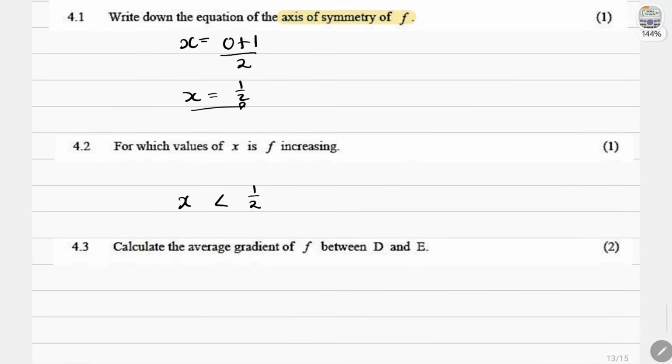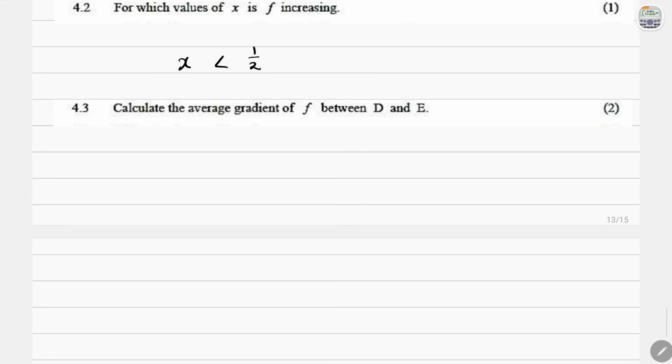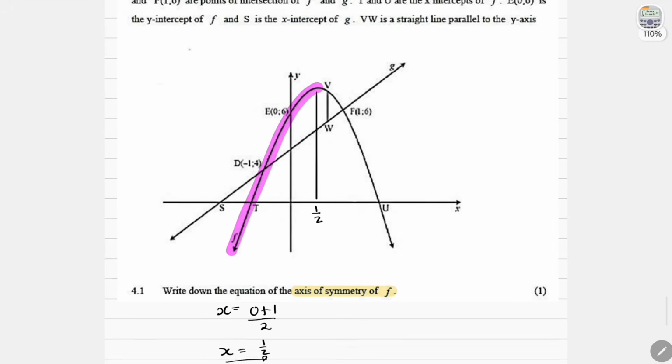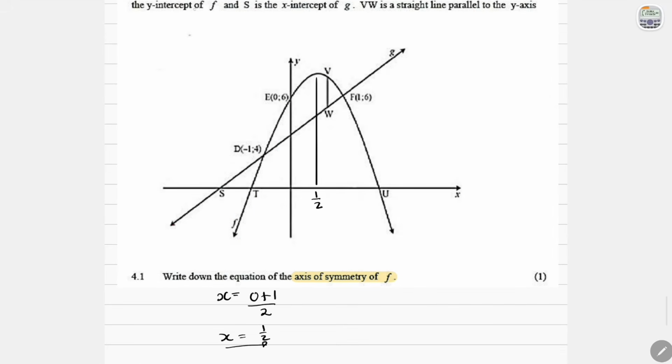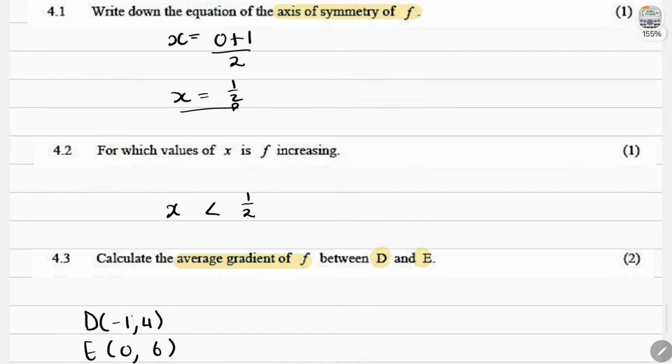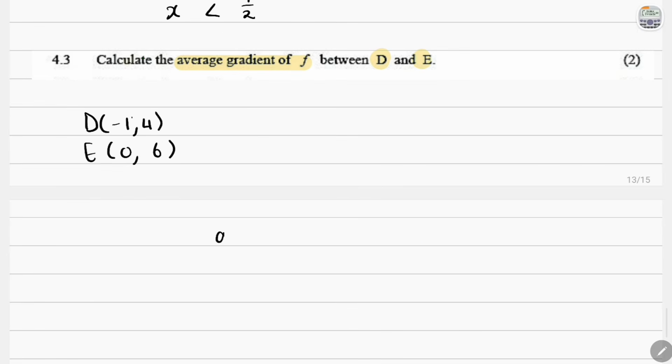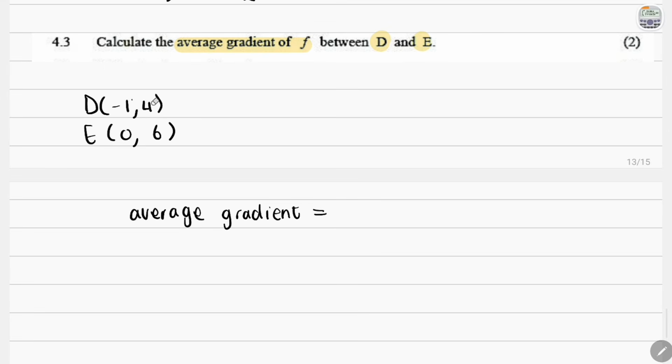Question 4.3 says, calculate the average gradient of f between D and E. So just take the point D and the point E, and we're going to find that average gradient. The gradient is equal to y2 minus y1 over x2 minus x1.